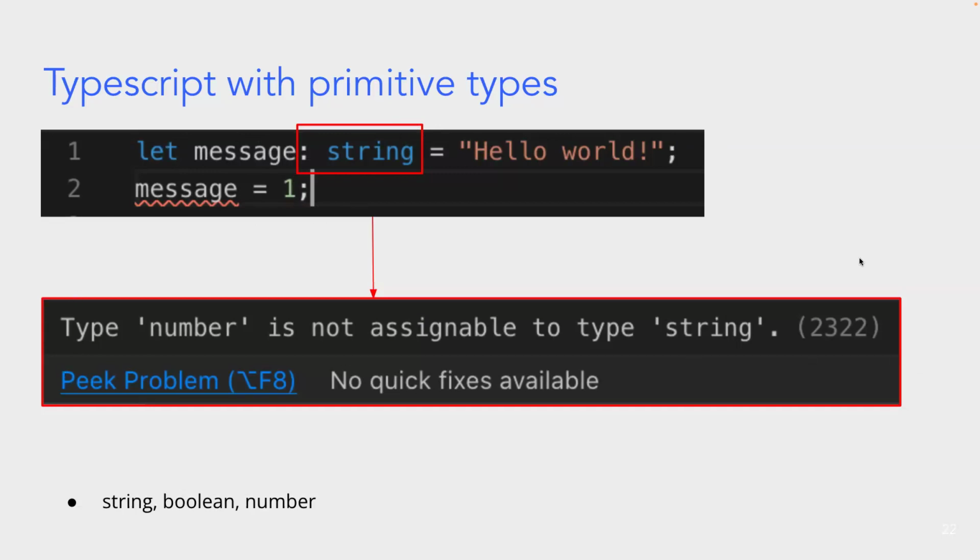So here's the error that you might see, which is type number is not assignable to type string. Even though we initially used let, meaning that we should be able to reassign this variable, you cannot reassign a variable of one type in TypeScript to a value of a different type.